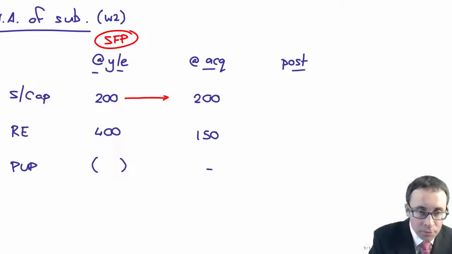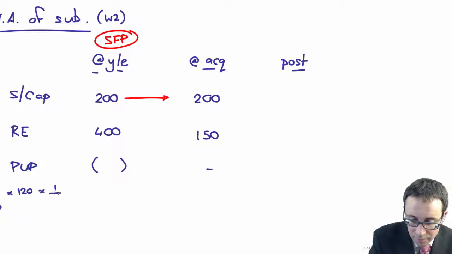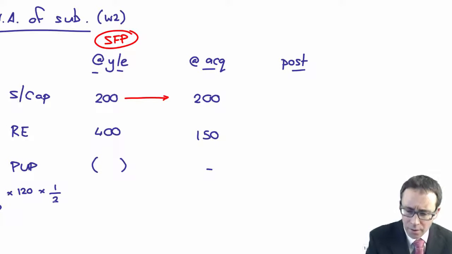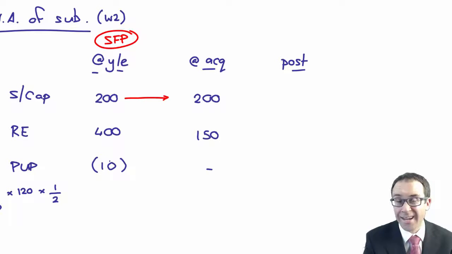The PUP that we've got, was it a markup of 20%? So is that 20/120ths of the total amount sold as 120, but the key bit there is don't forget that half of the goods remain in inventory. So tapping that into your calculator, I'm pretty sure, I'll double check, it's 10.